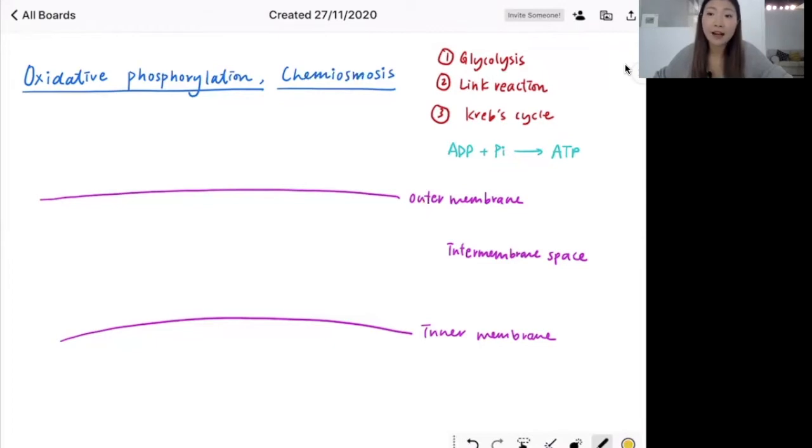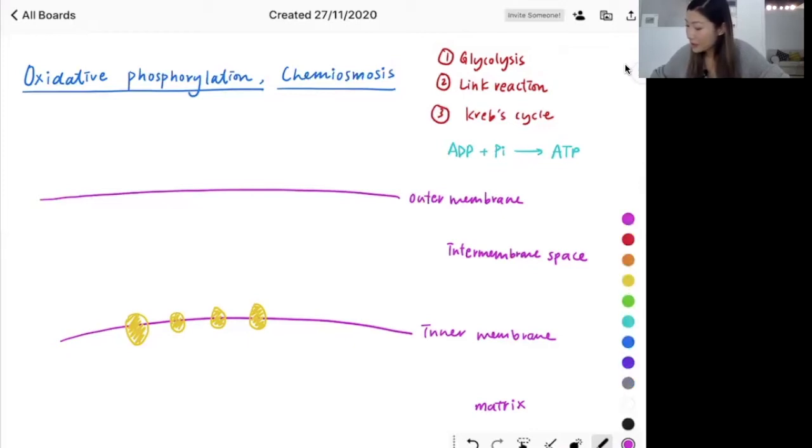Most of these are used as electron carriers that form an electron transport chain. The inside of the mitochondria is referred to as the matrix, which has lots of enzymes. This is the site where the link reaction and Krebs cycle occur.